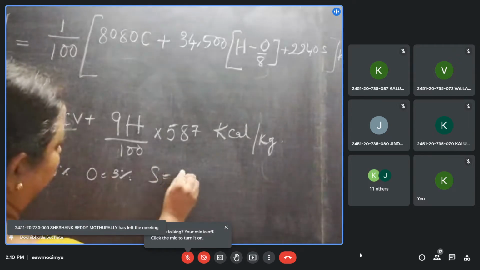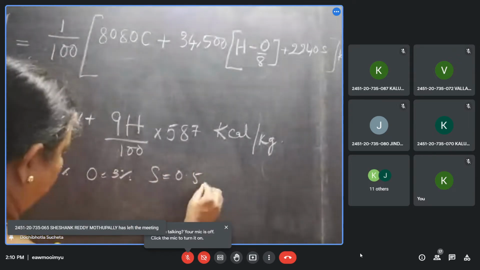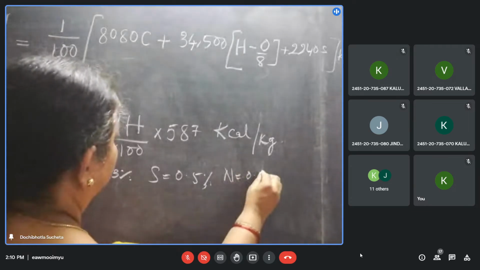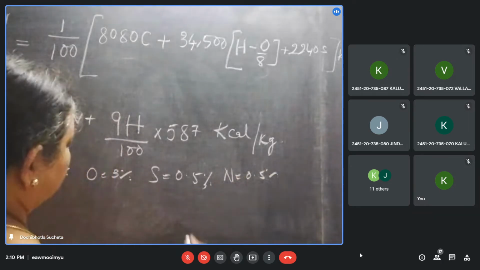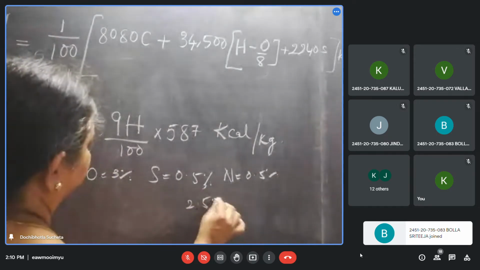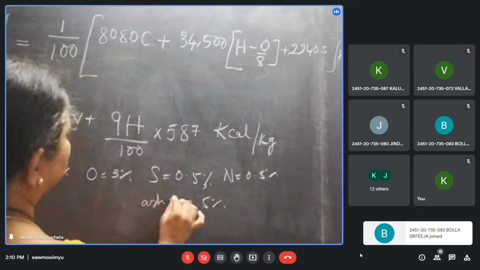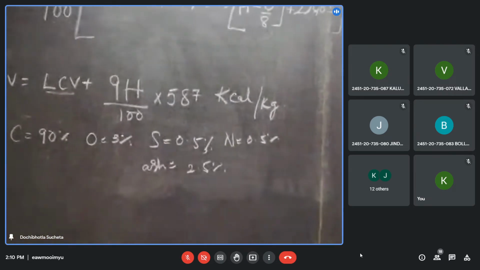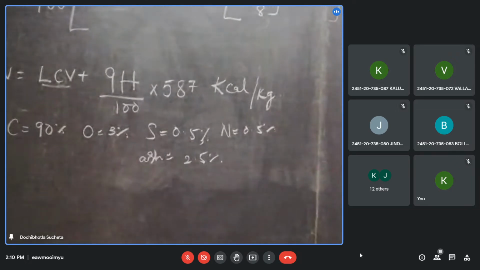Sulfur is 0.5%. Nitrogen is 0.5%. Ash is 2.5%. The rest are unwanted products in the combustion. Now you will get a meaningful answer. Check.